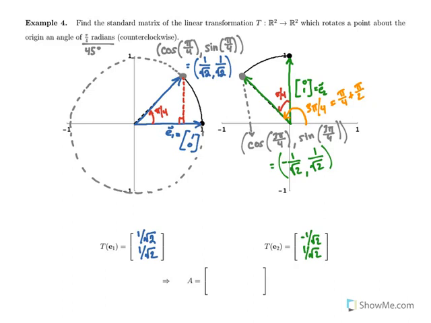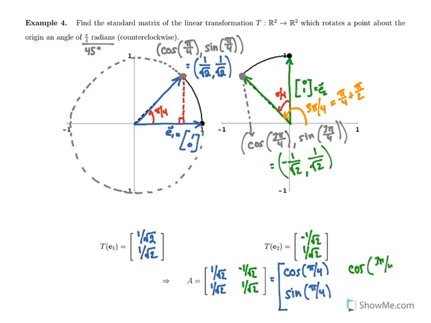So our matrix A is those two column vectors put together: 1 over square root of 2, 1 over square root of 2, negative 1 over square root of 2, 1 over square root of 2. And note that this is equal to cosine of pi over 4, sine of pi over 4, cosine of 3 pi over 4, sine of 3 pi over 4.